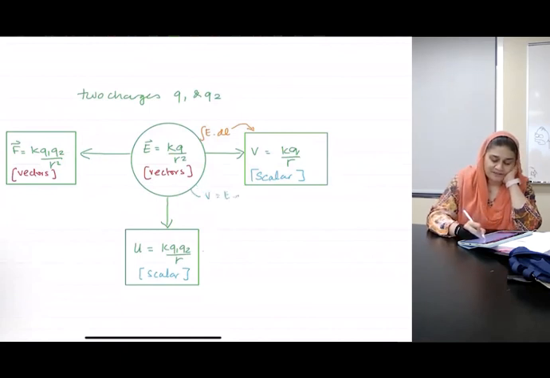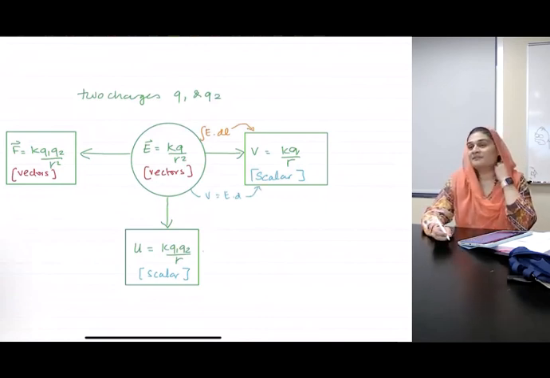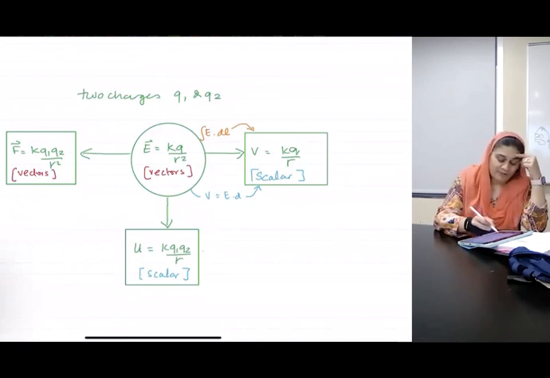It's E dot D, right? It's the ED equation that brings you here. So just one of the R's goes away. And how do you get from the E to the F? F is just equal to QE.